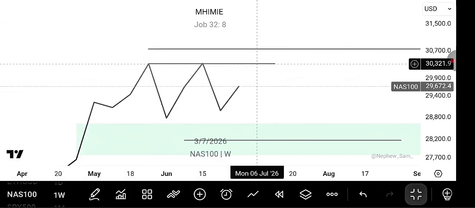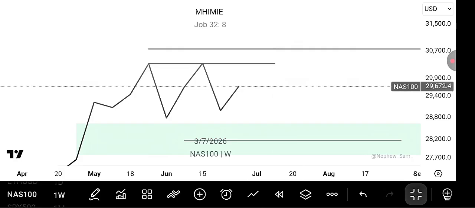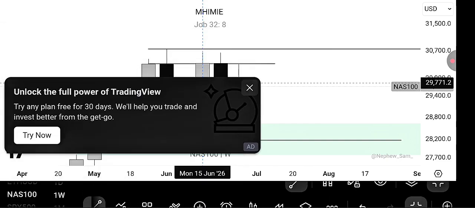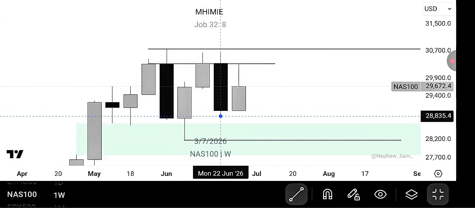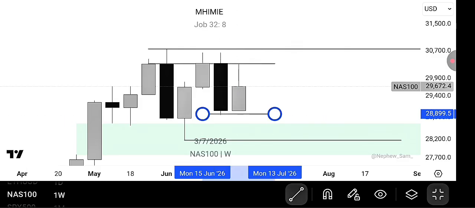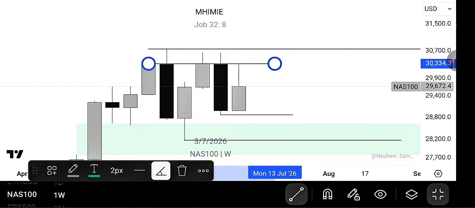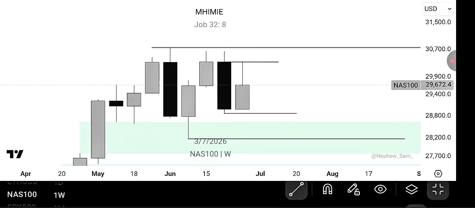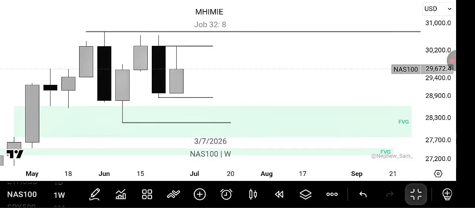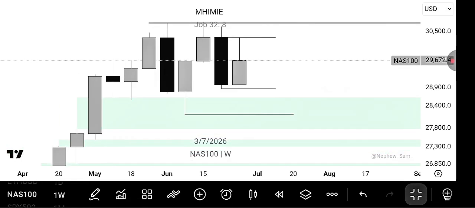Also the same point, and we dropped. So what's my perspective this week? My perspective would be to take out this low, but there is no point I can leverage on except maybe the supply zone that is right here. But this should be our first target, and of course this should be my final target.